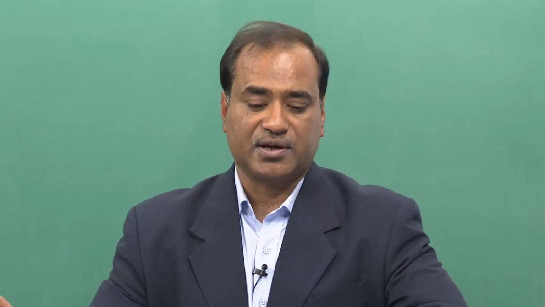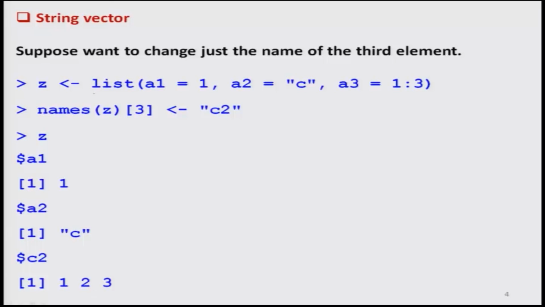Suppose in the list that we have just created, called Z, this is my name 1, A2 is my name 2 and A3 is my name 3. And suppose I want to change the name of the third element A3, then how to get it done?